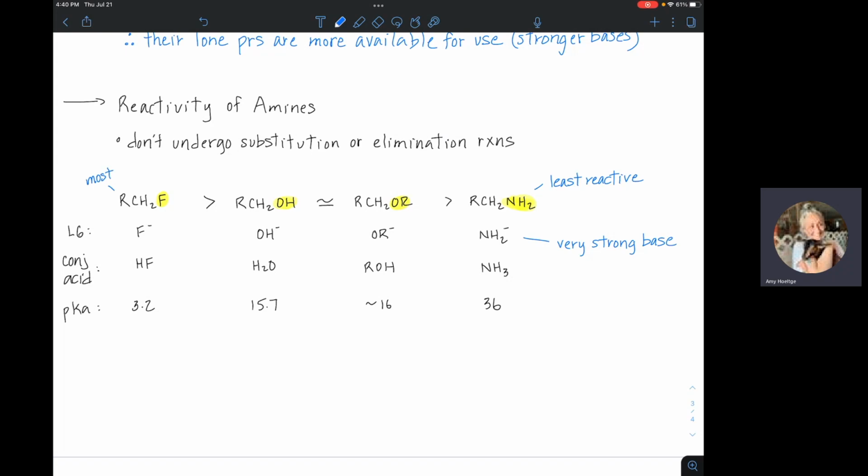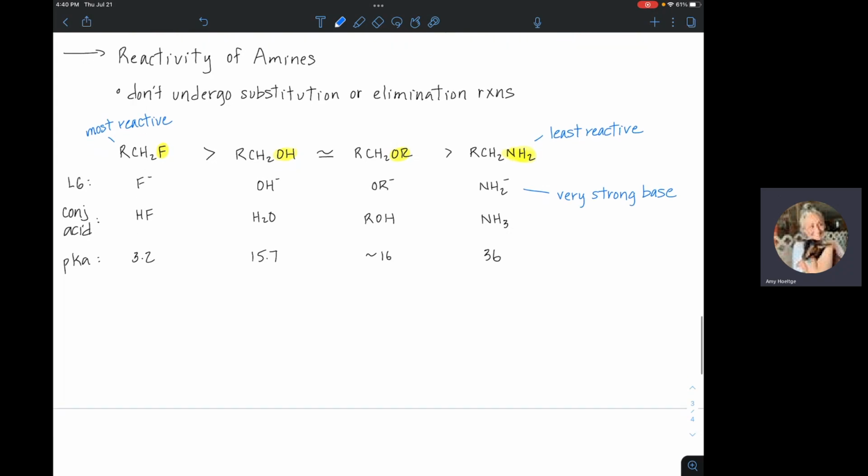And when we talked about substitution and elimination reactions, and we went through the conditions for encouraging certain reactions, we were talking about SN1, SN2, E1, E2. The leaving ability of the leaving group was a consideration that we had to make for all of those reactions.